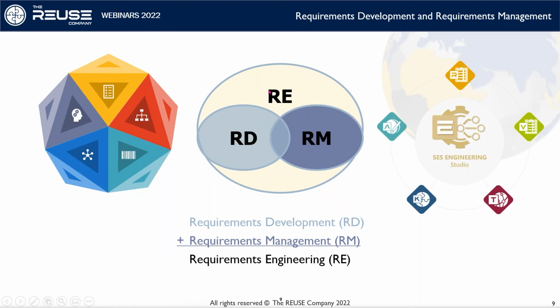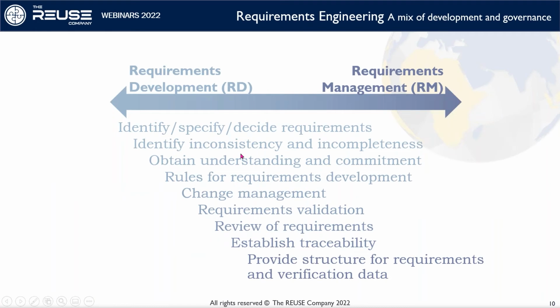If I would open up this box a little bit and say where does requirement development start and where does requirement management take over? As this picture indicates, there is no strict border in here, sort of a soft transition. However, you could say that on the development end, you're more towards defining, deciding and specifying requirements.